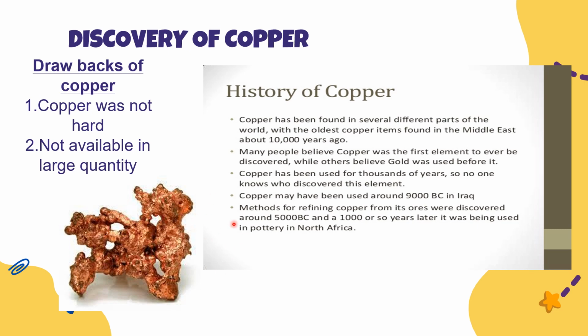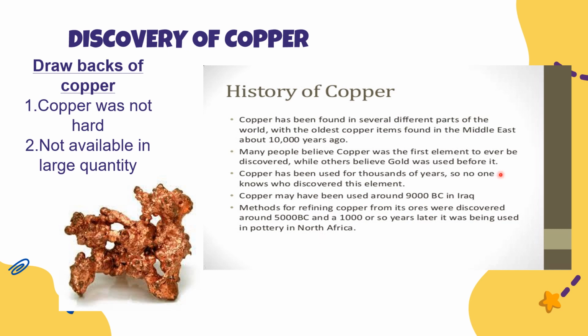It was discovered in Iraq and in some places of North Africa. There is proof that people used copper for pottery and for utensils also. They used copper in most parts of the world, and that was before 8,000 years ago.